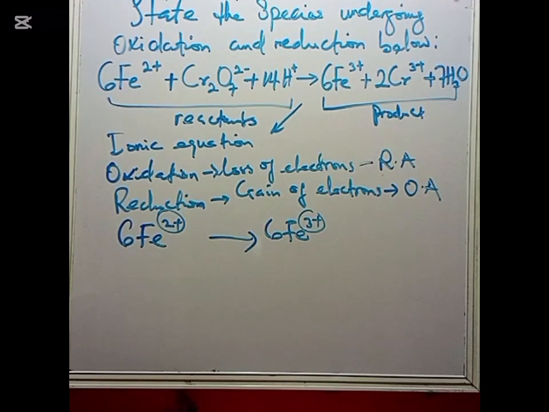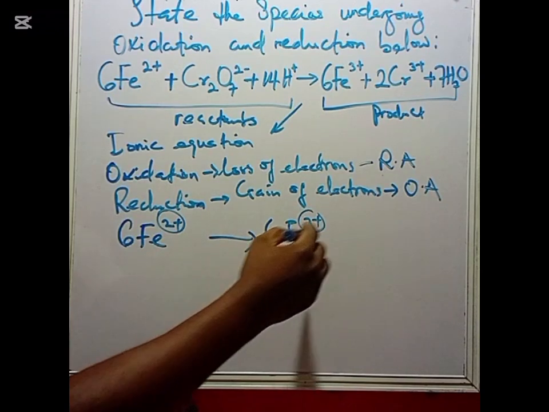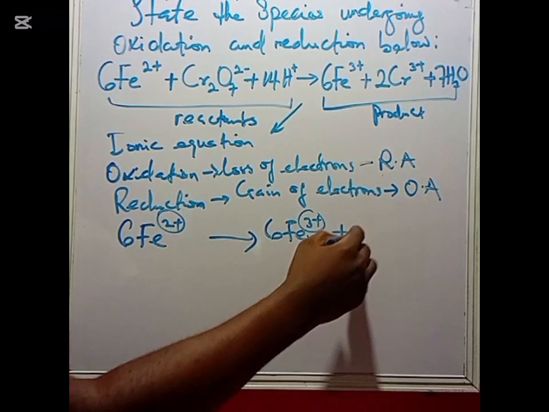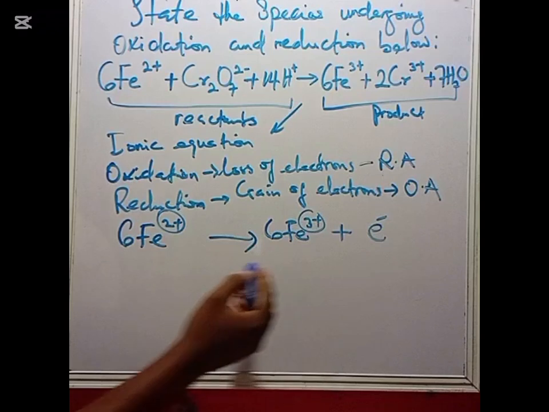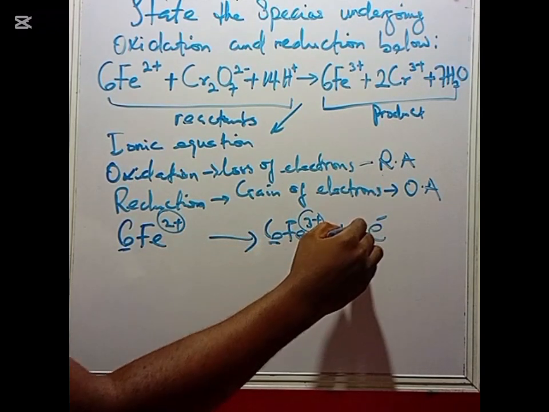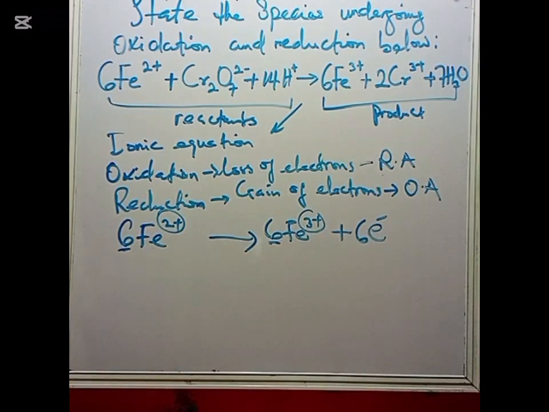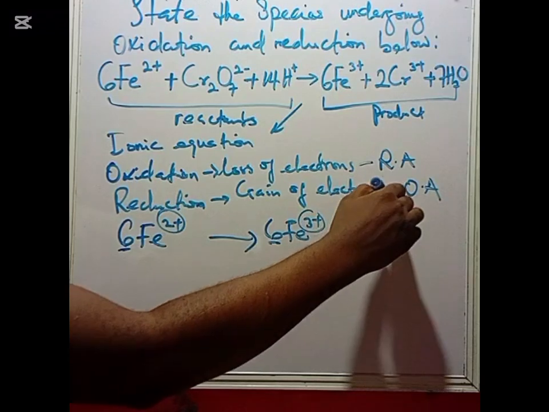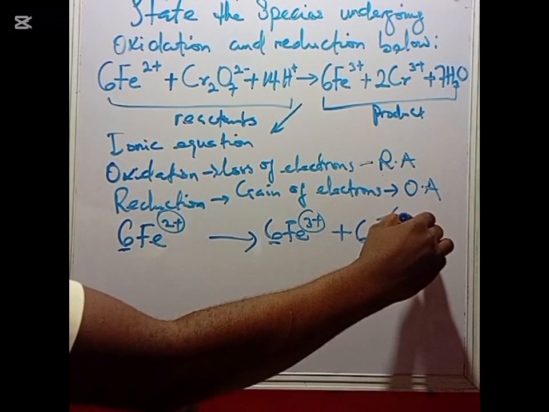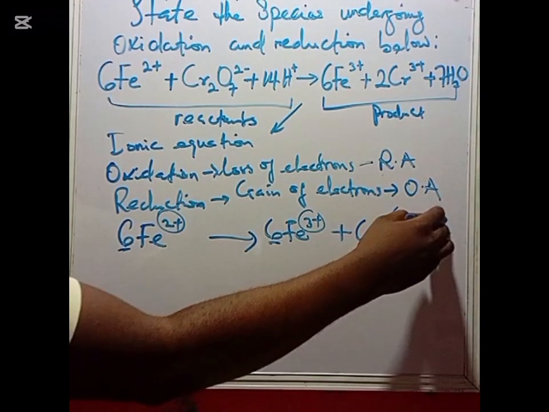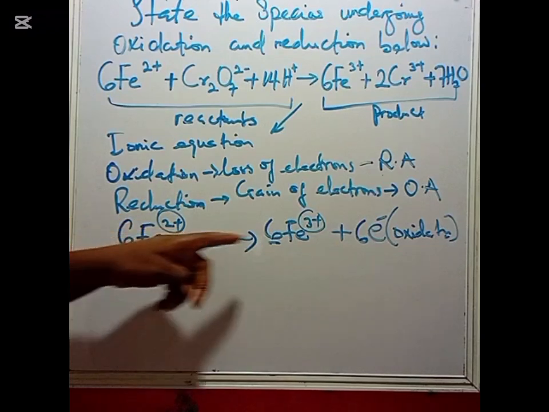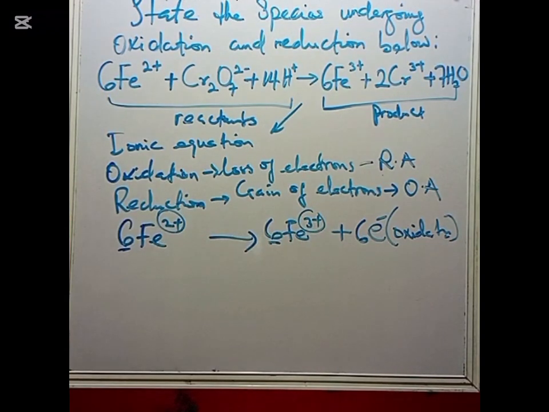We can also go further to identify the number of electrons that was lost. On this other side we have e- electrons, but due to the 6 here, you can see this is plus 6 electrons. So this is oxidation. Oxidation also involves an increase in oxidation state, towards the positive direction.